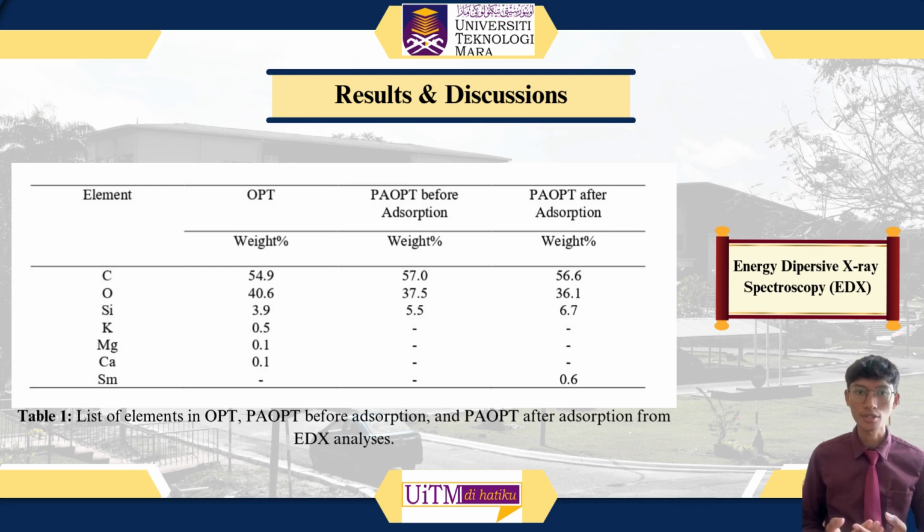Following the alterations with the addition of phosphoric acid, there was not a single trace of potassium, magnesium, or calcium found. It was effectively the samarium attached to the surface of PAOPT, as evidenced by the recording of a new peak of samarium following the adsorption of the samarium by the OPT.